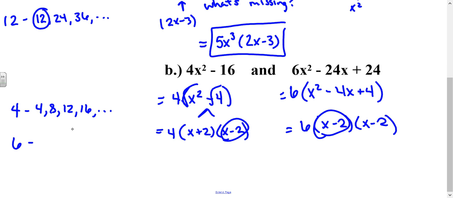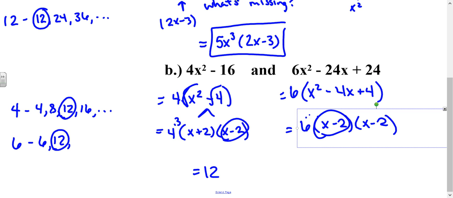Multiples of 6 are 6, 12, and that's the one that they have in common. So I know for my answer I'm going to have 12 in there because that was the least common multiple of the numbers. I could multiply this one by 3, and I could multiply this one by 2 to get the 12.